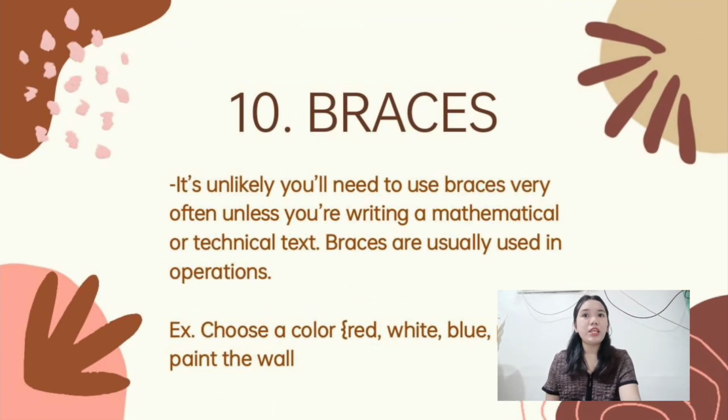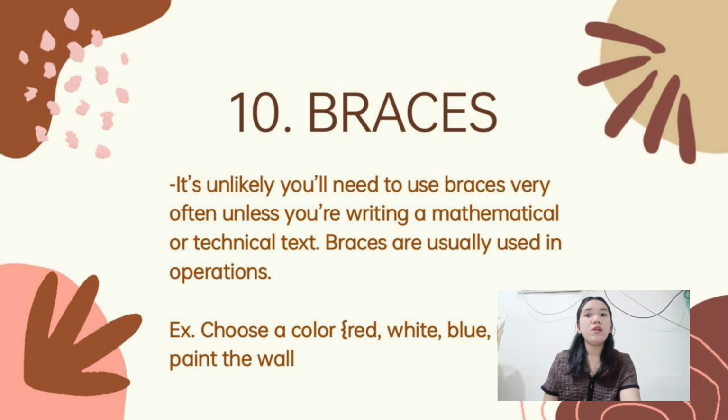So number 10 is braces. It's unlikely you'll need to use braces very often unless you're writing a mathematical or technical text. Braces are usually used in the operation. So we can identify the braces because of the operation.